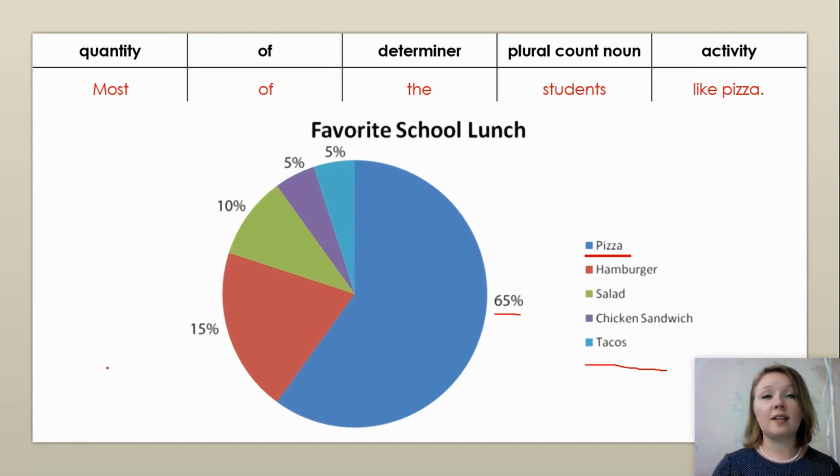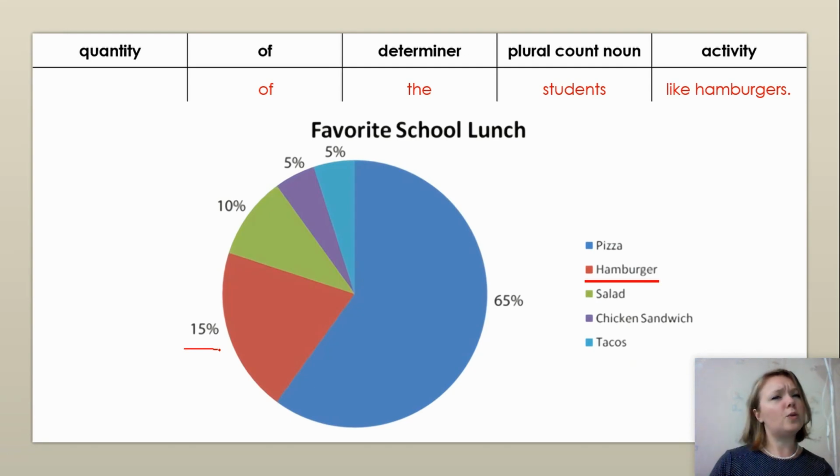Most of the students like pizza. How about how many students like hamburgers? We're over here at 15%. So is it most? No. But we could say a lot of the students like hamburgers, right? They're second place there with hamburgers. A lot of the students like hamburgers.